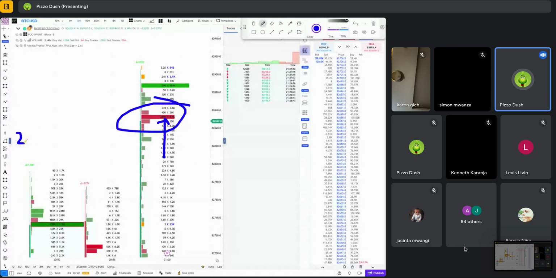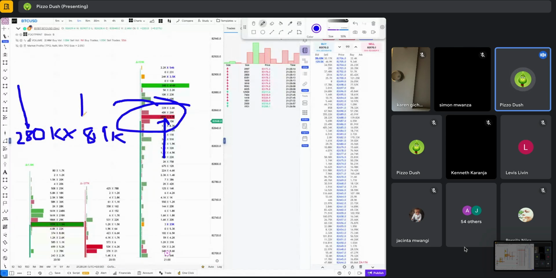You can see 280k by 8.9k. It tells you that at this specific level I have circled there were 280,000 sellers and 8.9k buyers. So who are more? Obviously sellers. That's why the level is highlighted in red.